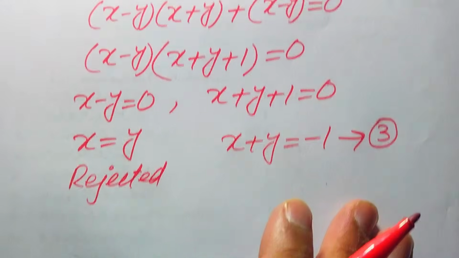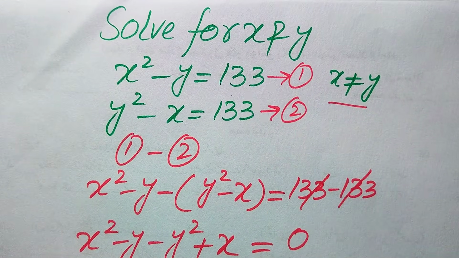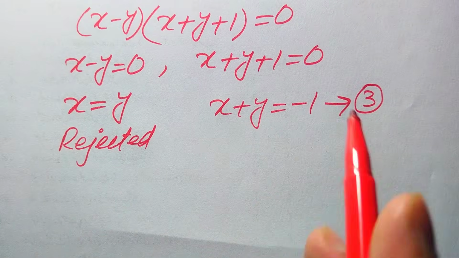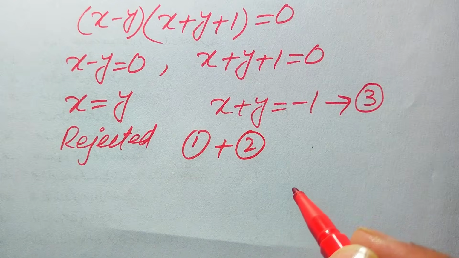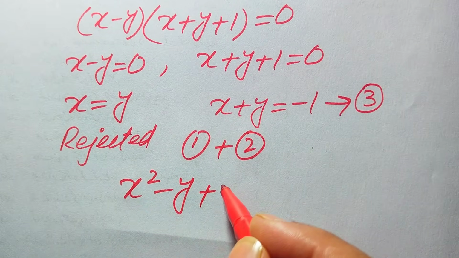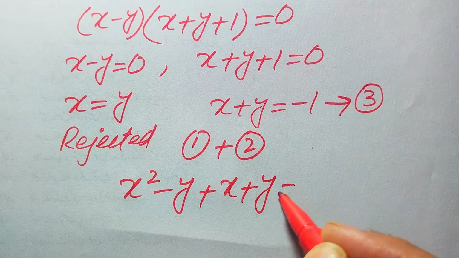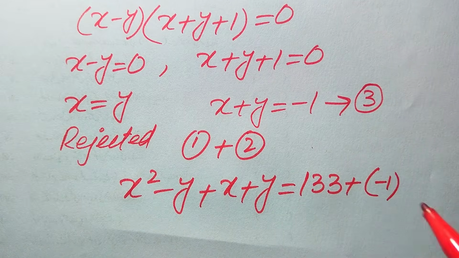And in the next step we sum up equation number 1 and equation number 3. So this is our equation number 1 and this is our equation number 3. We add both of these two equations. When we add these two equations, we obtain x square minus y plus x plus y equals 133 plus minus 1.